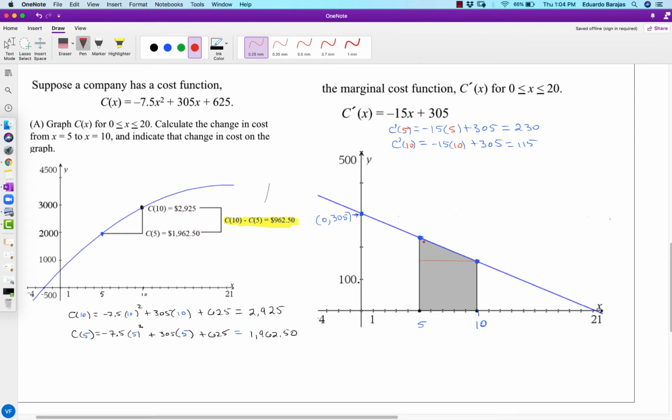So that now I have a triangle region and a big rectangle region. That helps me break this up into 2 simple geometric shapes. We know that the area of a triangle is equal to 1/2 base times height. 1/2 times the base times the height.